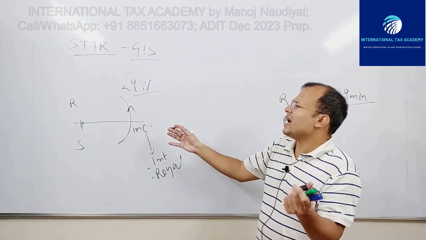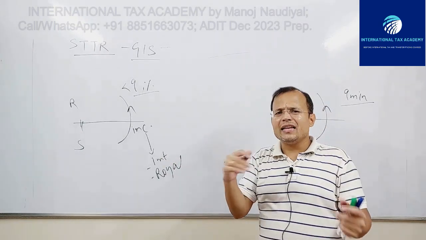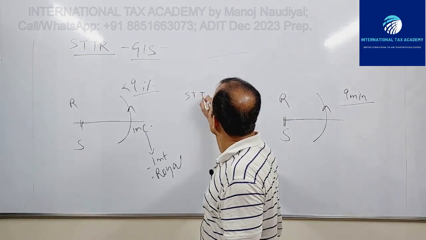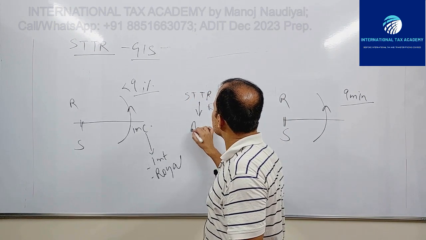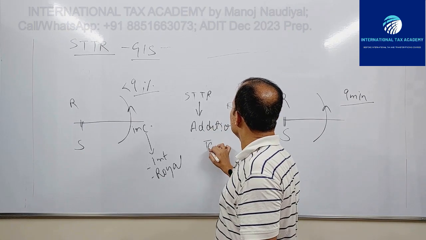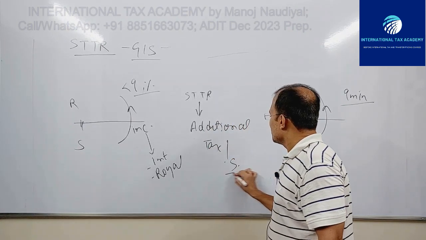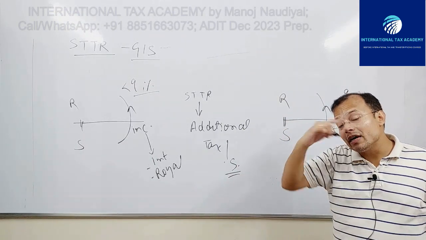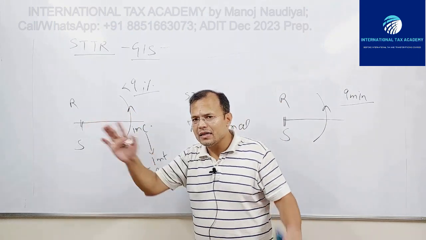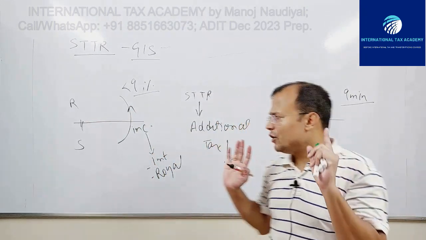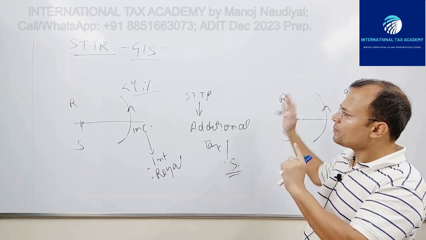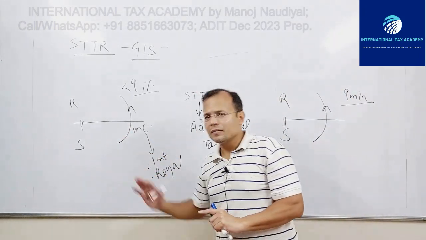So STTR allows for an additional tax to be imposed by S. The tax which has already been paid upon this income in R country will be taken into account while you are calculating the additional tax payable under STTR in S country.